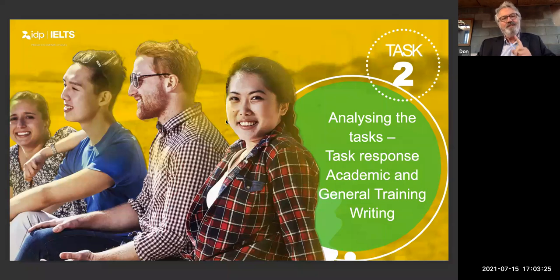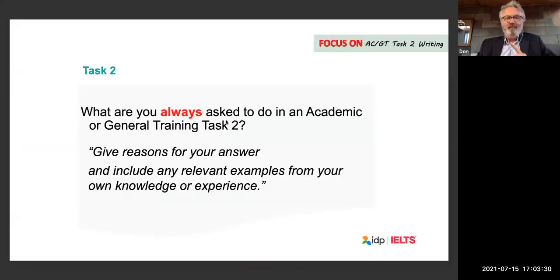This is the first thing you must do in an academic or general training task 2. We help you. We always ask you to give reasons for your answer. This is important. We want your opinion about a topic, about a task, but we also want you to support your opinion.